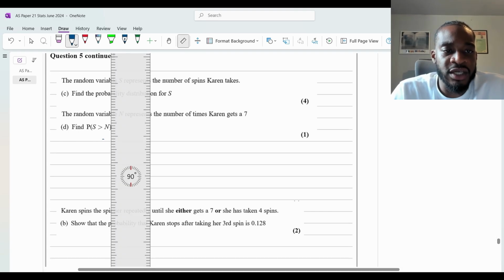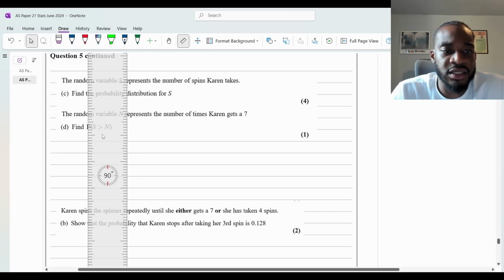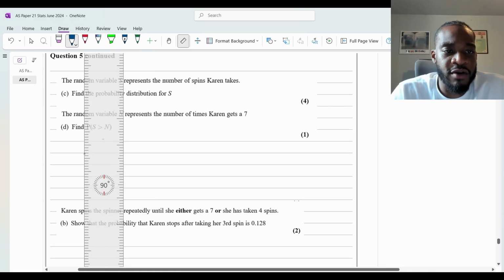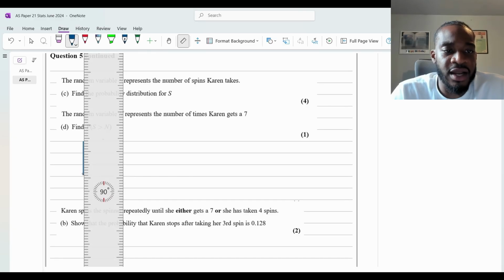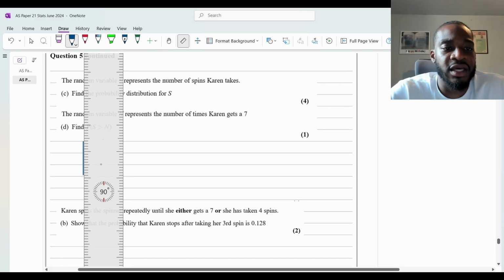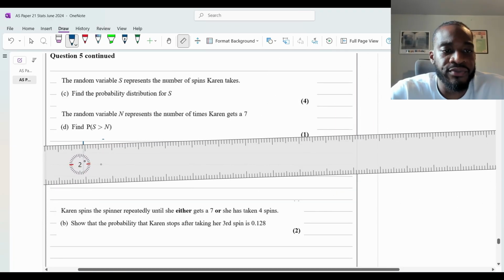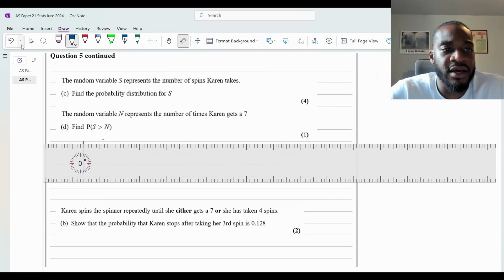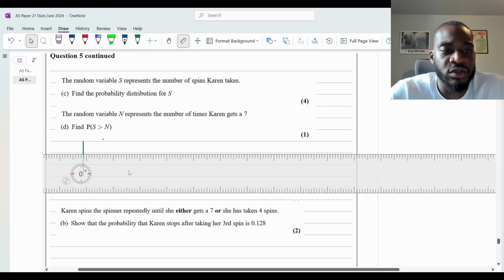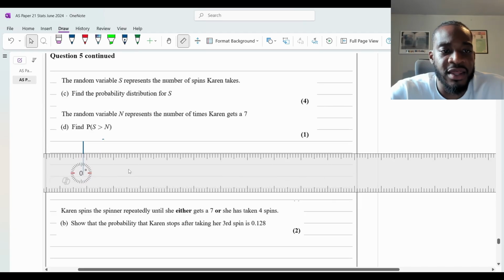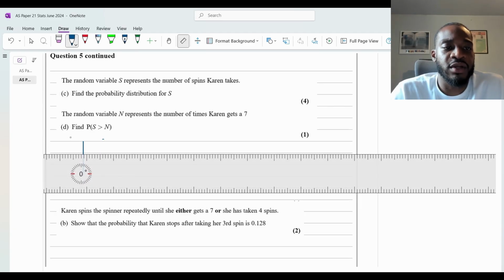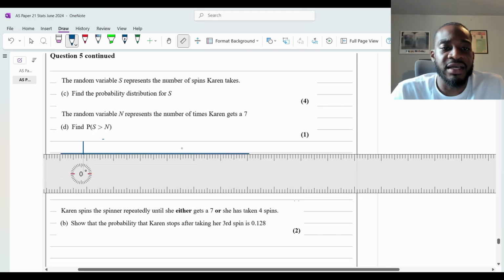Let me get a ruler. I'm going to draw a vertical line like that, and then rotate this ruler to be horizontal, put it down a bit, and draw a horizontal line like that essentially.